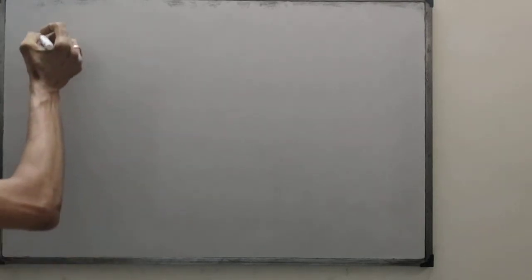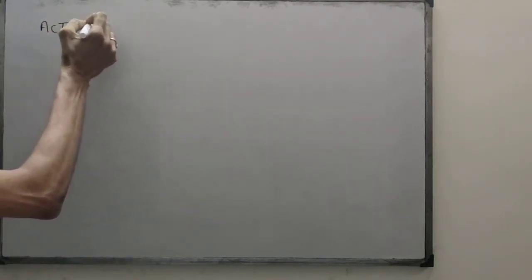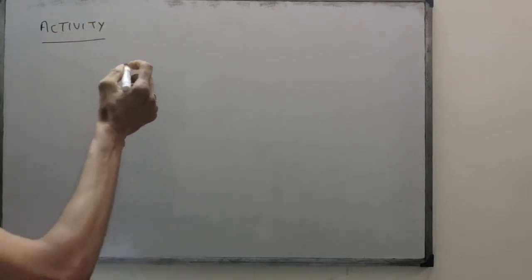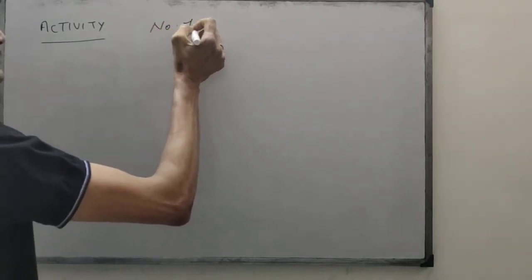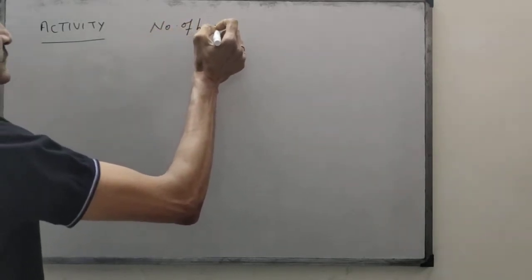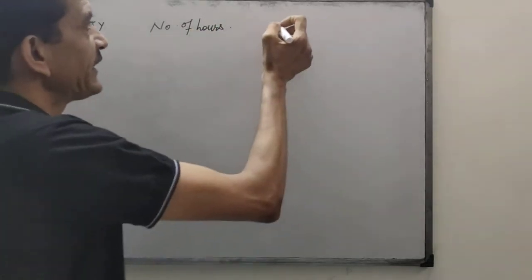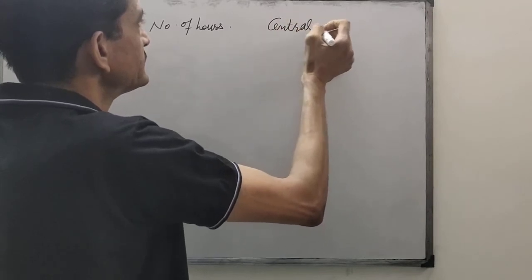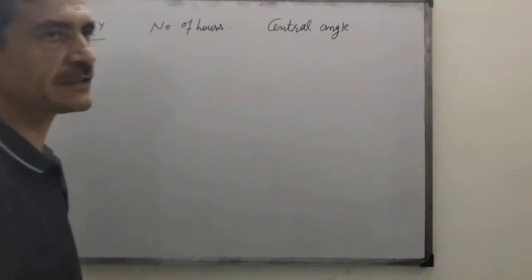First write the activity name, then write the number of hours, and then write the central angle. These things are required.